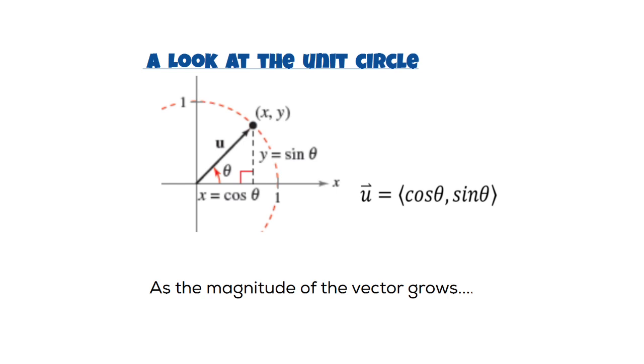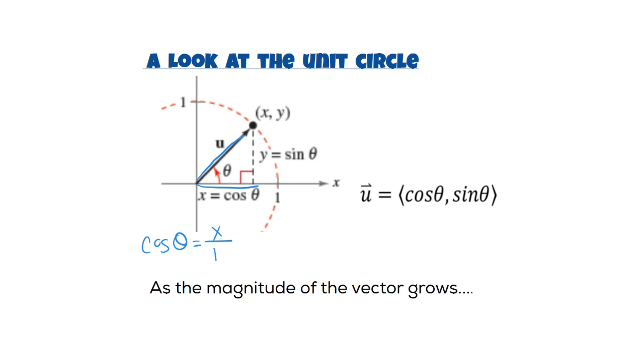Thinking back to SOHCAHTOA and unit circle stuff, let's go back to this. If I was looking at theta, and I did cosine of theta, that should equal adjacent, which is this length, x, over hypotenuse, but the hypotenuse is 1, so it looks like this.